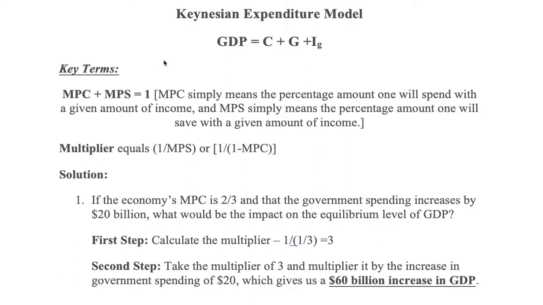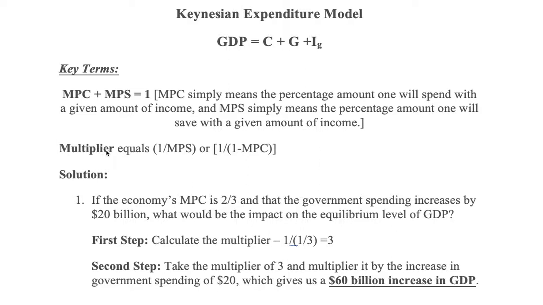And guess what? If you are spending 90% of that 90 cents, somebody must be receiving it. So from the standpoint of the Keynesian model, we know that that $1 will have a greater impact on GDP than just $1. And that's where the multiplier comes into effect.